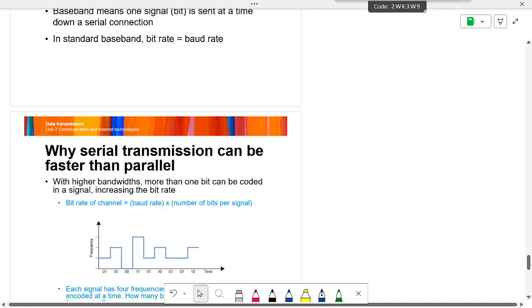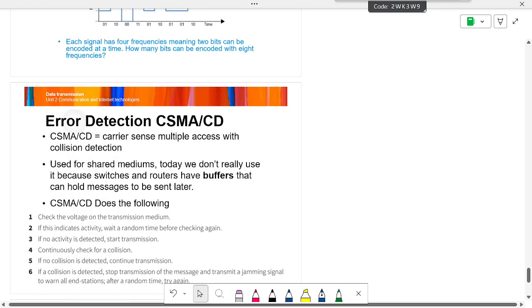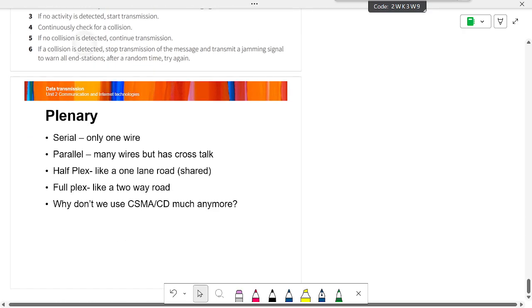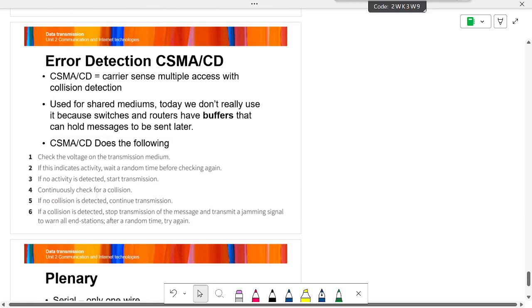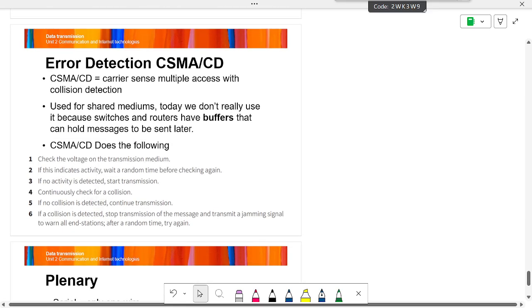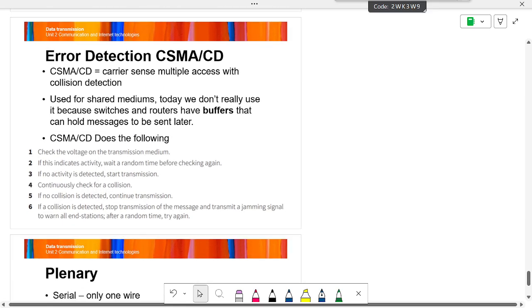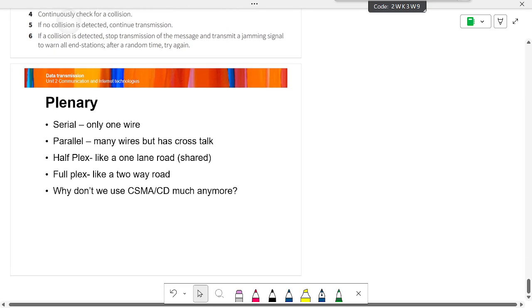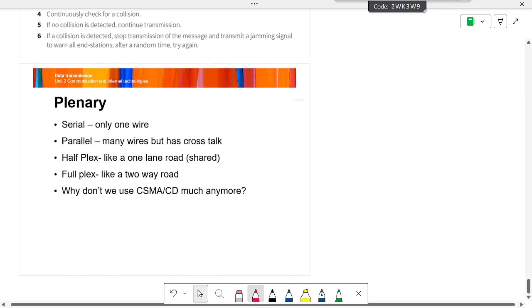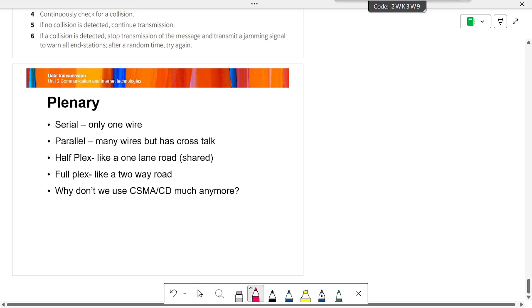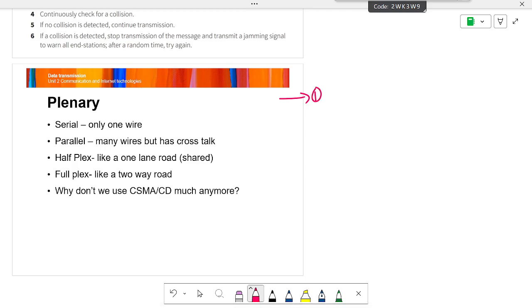Sometimes we do get errors, but I'm going to talk about that later. Okay, let's just put the summary. What are the 2 types of transmission? Uma, what are the 2 types of transmission that you can have?